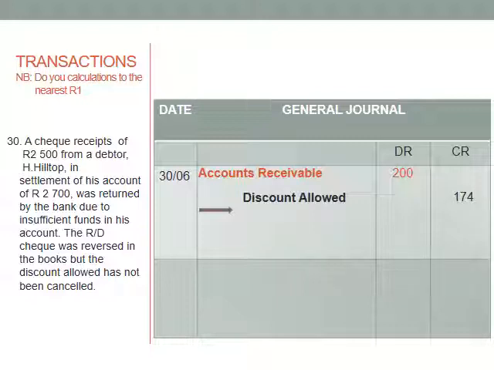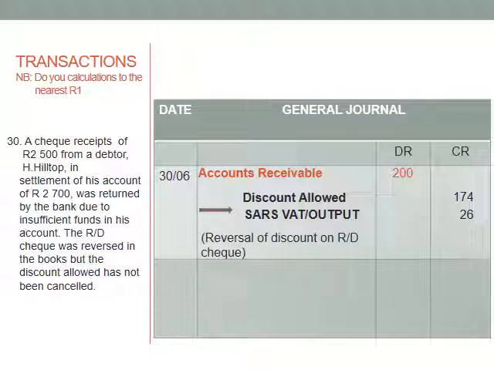The discount allowed will be credited to cancel the entry by 174 rand. The VAT included in the discount will also be cancelled with a credit in the SARS VAT account of 26 rand. The narration will read as reversal of discount on the RD check.